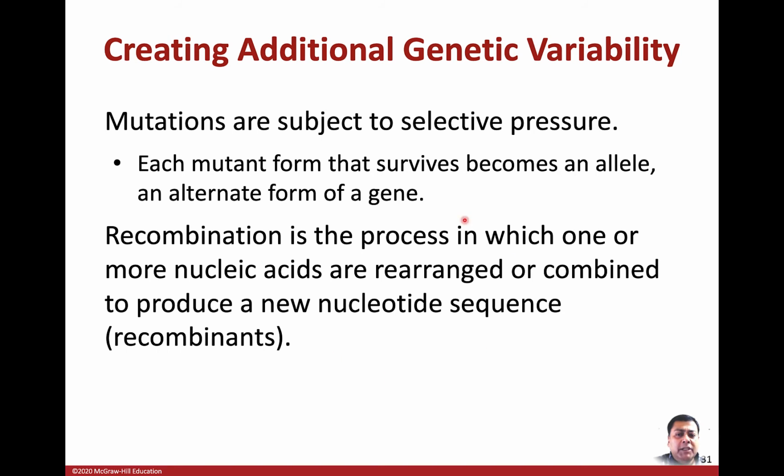Recombination is the process in which one or more nucleic acids are rearranged and combined to form a new nucleotide sequence, which we call a recombinant. And this is the process by which the bacteria produce more genetic variability. This arises from what we call horizontal gene transfer from one bacteria to the other, sometimes mediated by a virus or a bacteriophage.